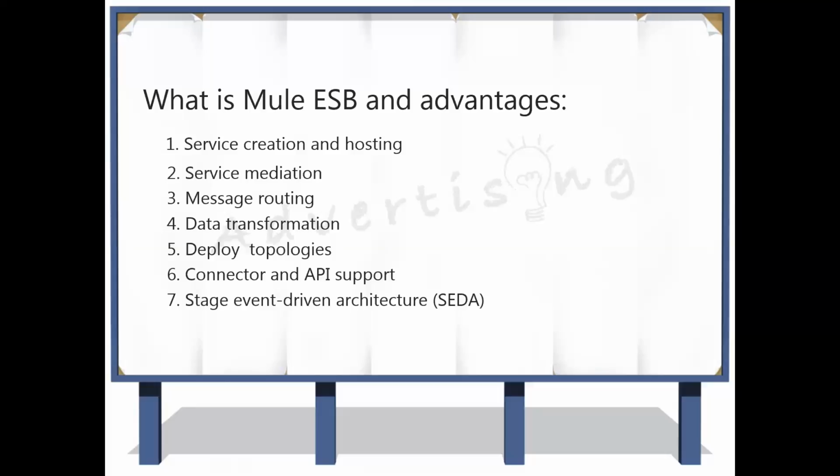And data transformation. Data transformation is something like, in the same example, if you take the person object, which is coming from an end system, before any end system can communicate with the ESP, we need to expose a service in our ESP. So if we expose a SOAP web service in the ESP, the end system will give us a SOAP request which has the person information.